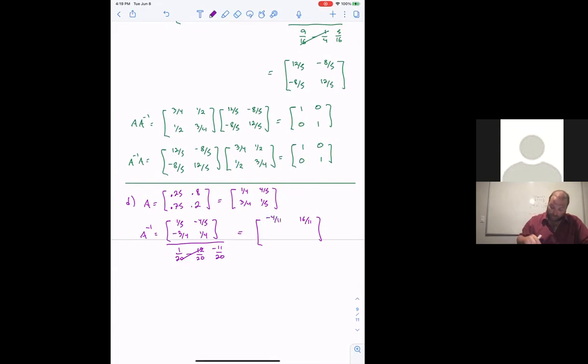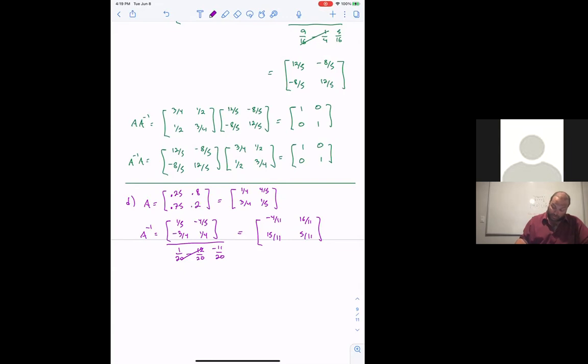Negative 4 over 11. 3/4 divided by 11 over 20 is 15 over 11, and 1/4 divided by 11 over 20 is 5/11.